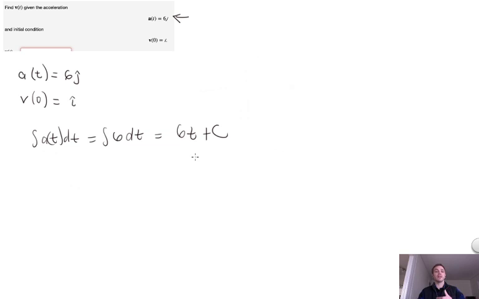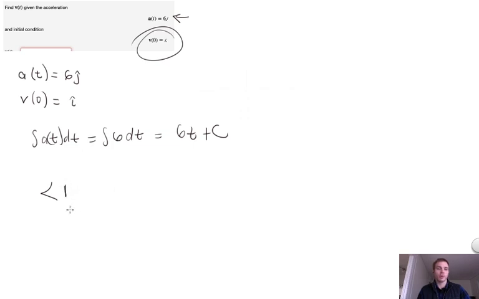Here it is our initial velocity, okay? But we have no initial velocity in the j direction, only in the i direction. So what that means is we have this vector.